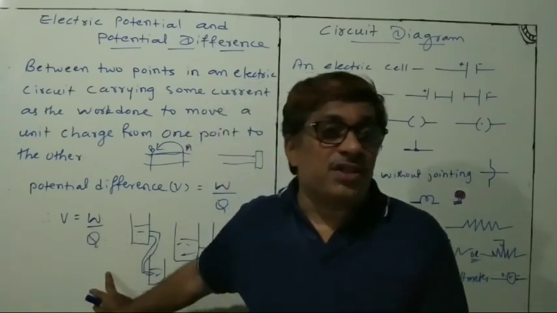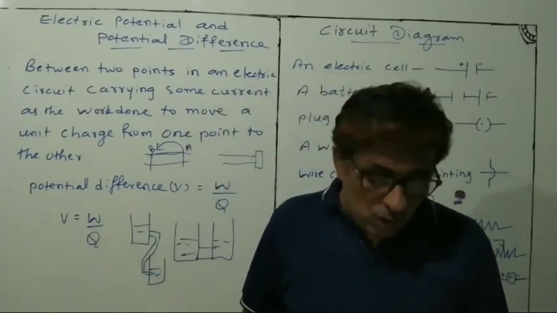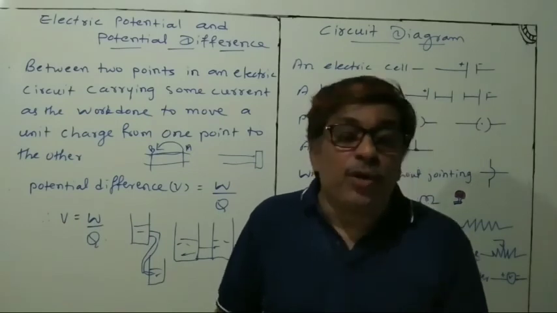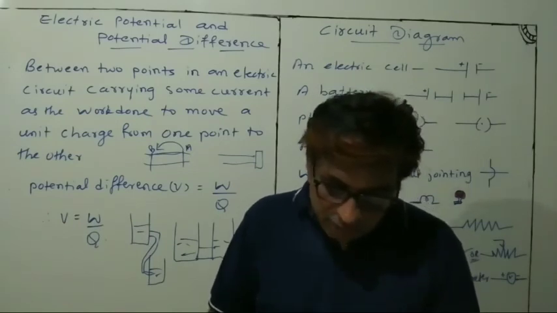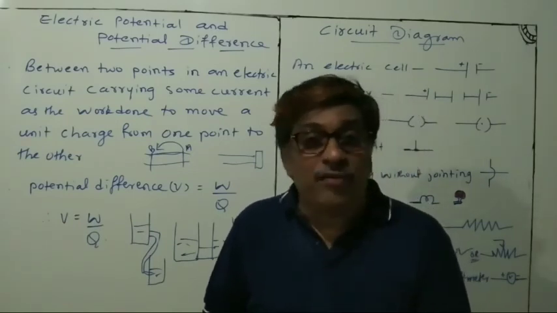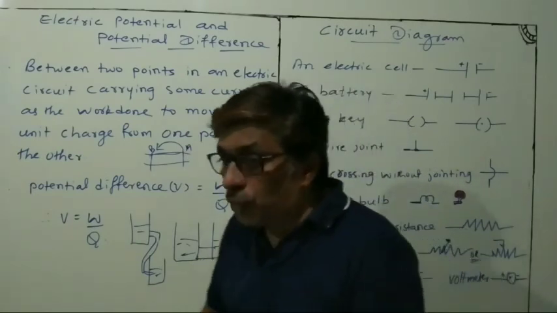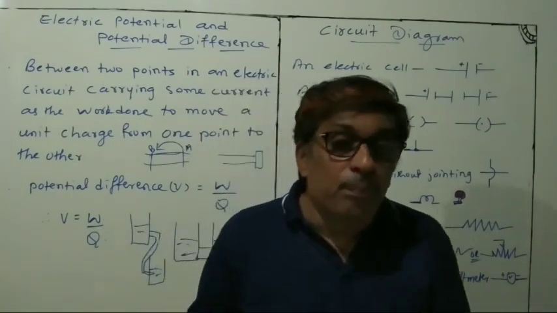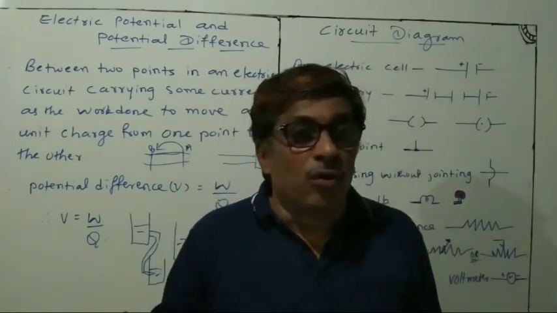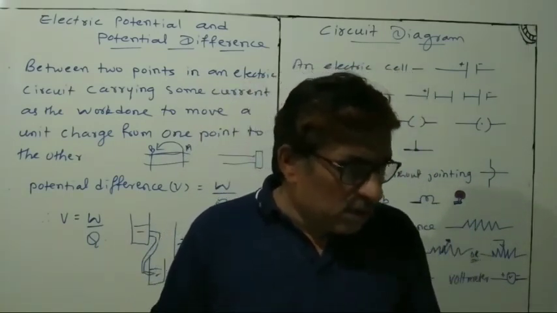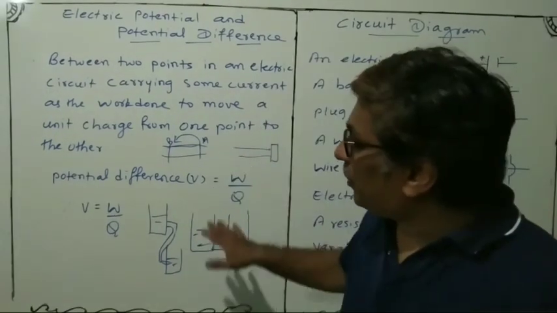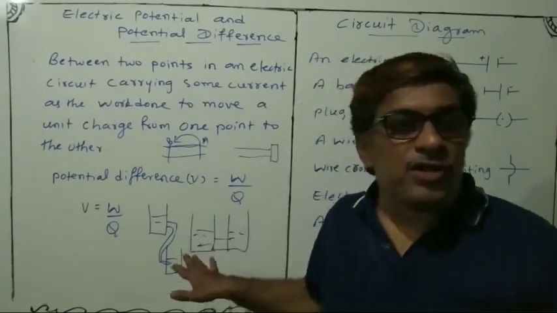The SI unit of potential difference is the volt, denoted by V. And 1 volt is equal to 1 joule per coulomb. These are the points you have to remember.